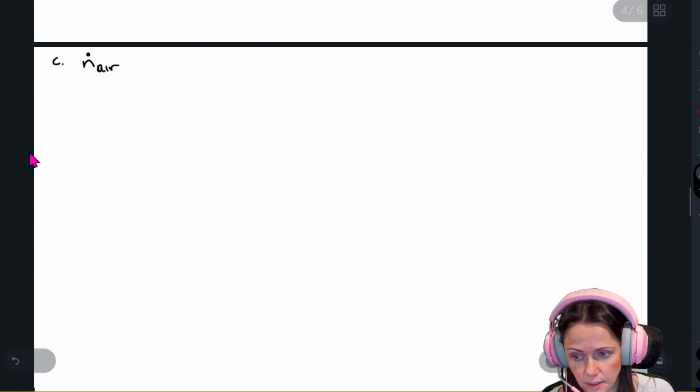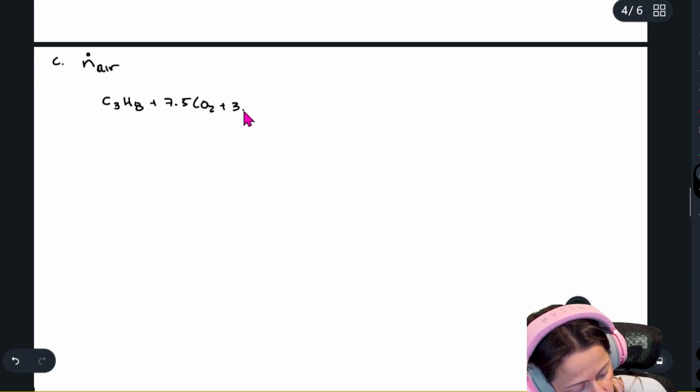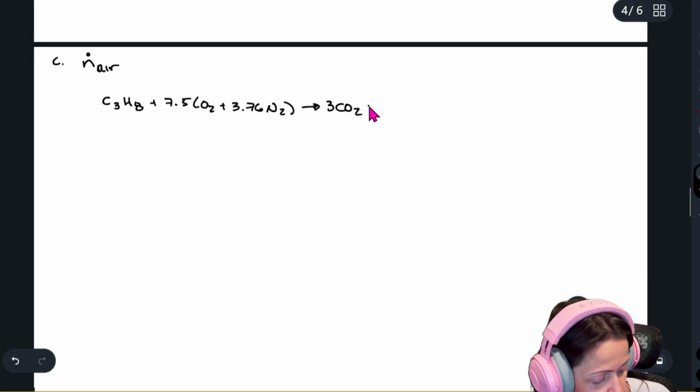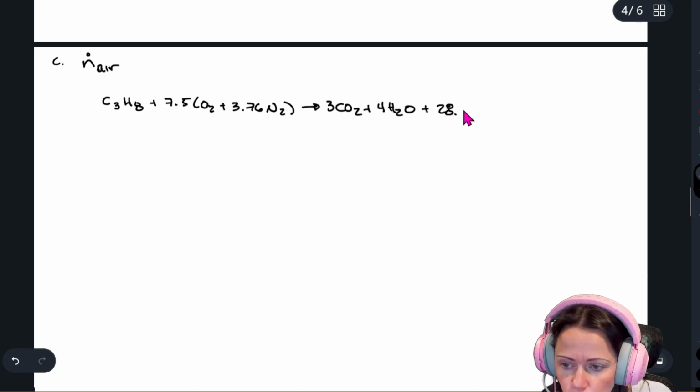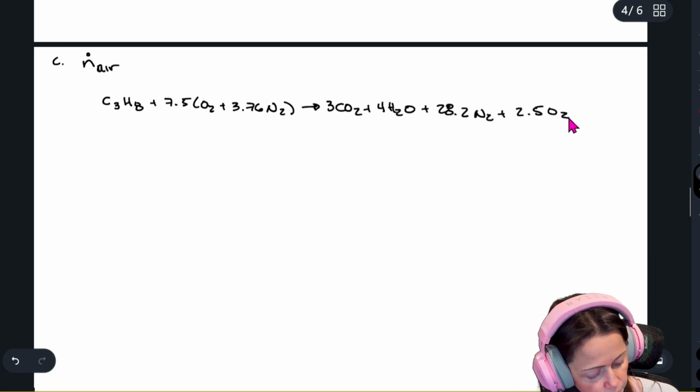So I've got C3H8 plus 7.5 times my oxygen plus 3.76 nitrogen, and that's going to give us 3 CO2, 4 H2O, 28.2 nitrogen, and 2.5 oxygen. All right.